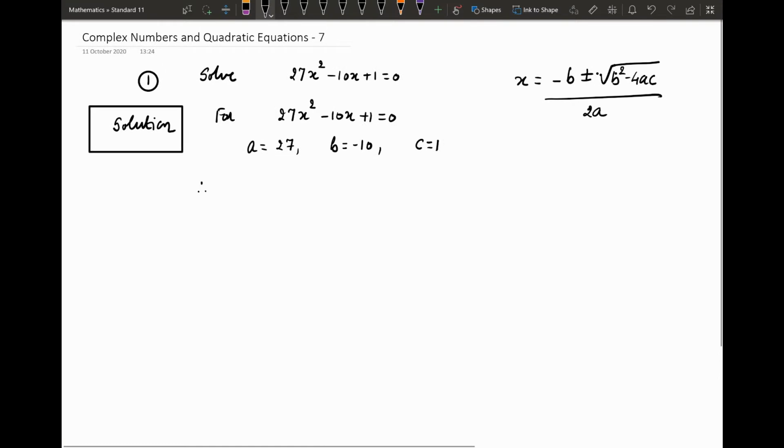So x equal to minus b plus minus under root b square minus 4ac upon 2a.